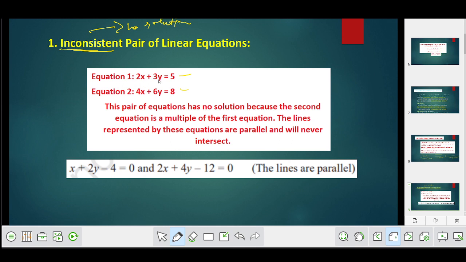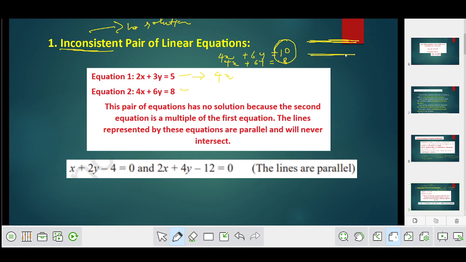Here we have 2x, 3y, 5. We can write the same equation as 4x plus 6y equal to 10. The second equation is 4x plus 6y equal to 8. Both coefficients are the same, but the constant term is different, so these equations define parallel lines.